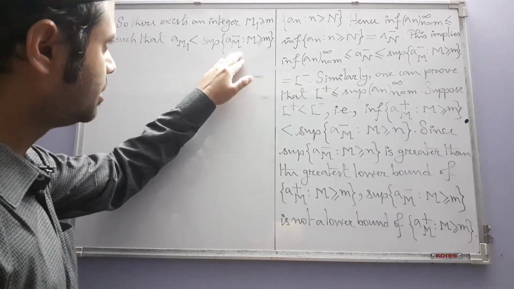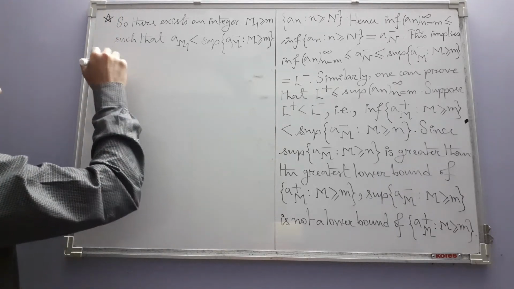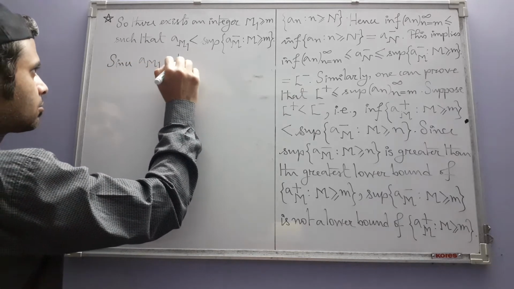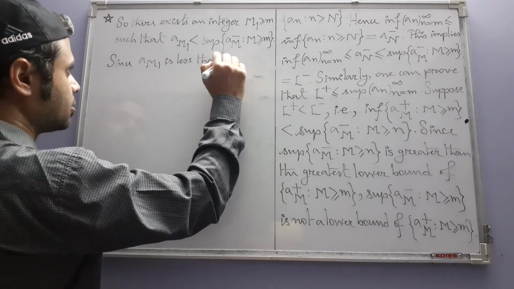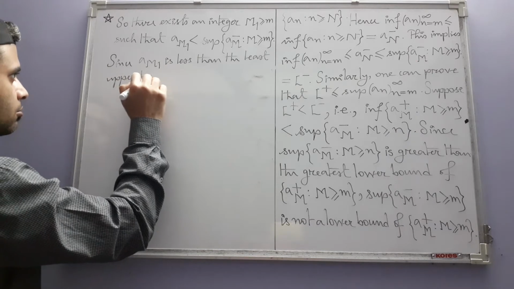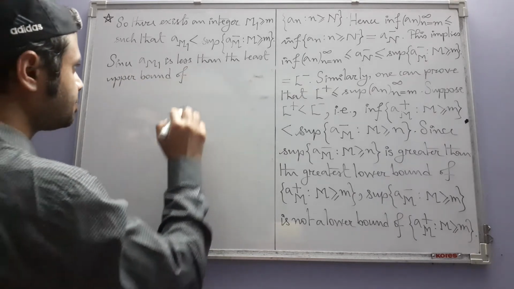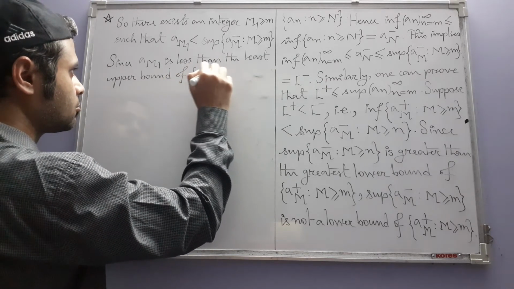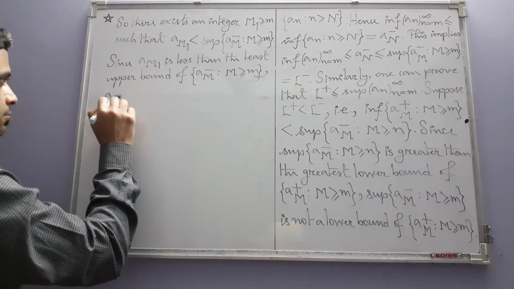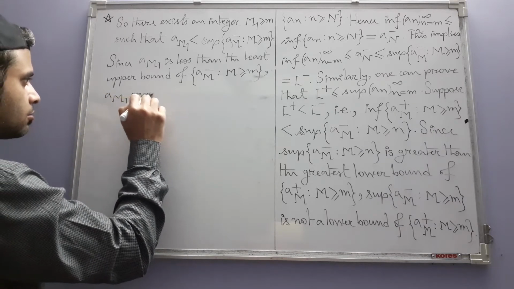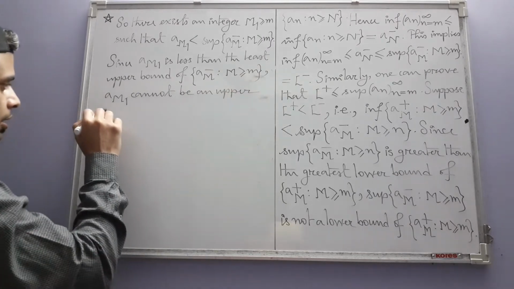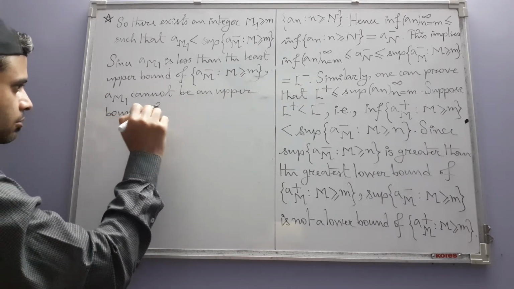So this cannot itself be an upper bound of this set, since am1 is less than the least upper bound of this set. am1 cannot be an upper bound of this set.